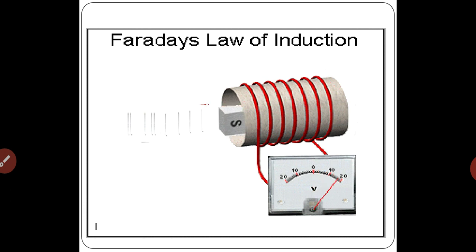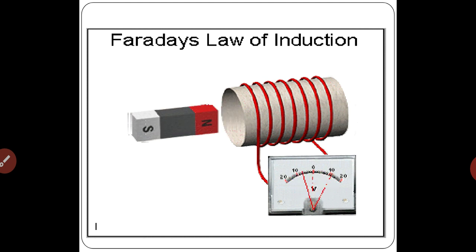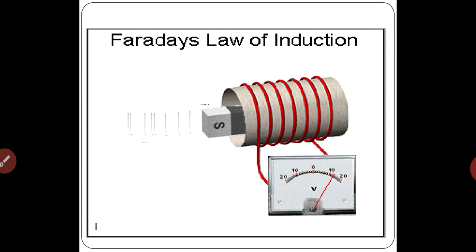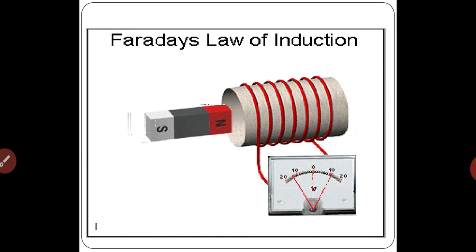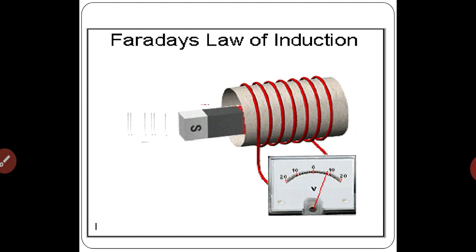When we move the magnet inside the coil, the current increases. The to and fro motion of the magnet towards and away from the coil shows deflection in opposite directions. When we move the magnet towards the coil, the deflection is towards the right hand side, while when we move the magnet away from the coil, the deflection is in the opposite direction, that is left hand side.